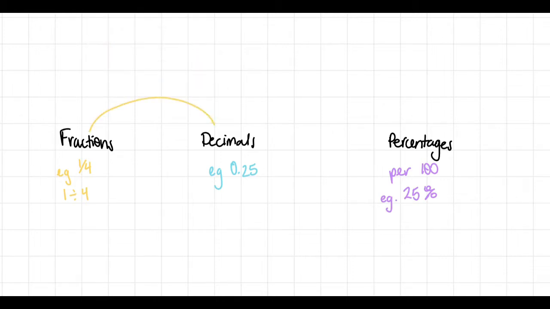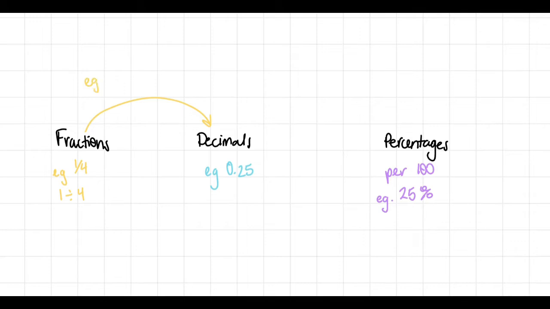So, to convert from fractions to decimals, the easiest thing is to just do that division. So, still using that quarter, just calculate 1 divided by 4, and that will give you the decimal 0.25.